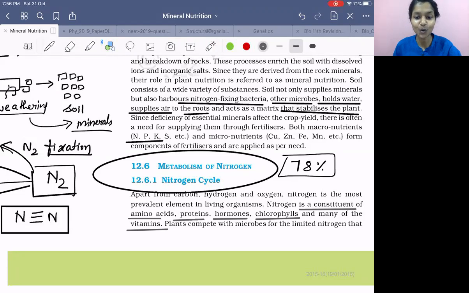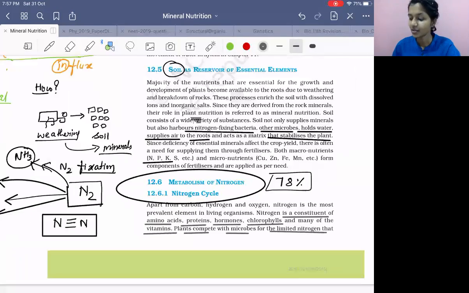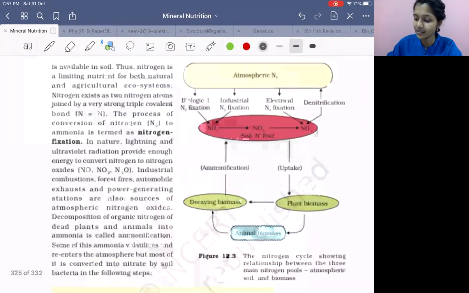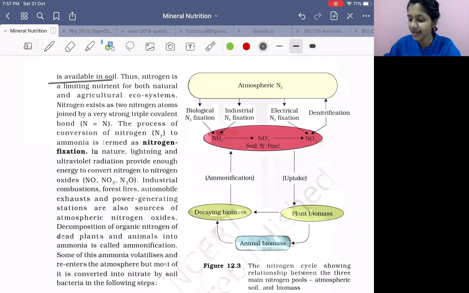So plants have to do what? They have to compete with the microbes, right? Microbes can also utilize nitrogen. If any living organism is dead in the soil, microbes will come to take the nitrogen. At the same time, plants also want the nitrogen. So plants have to compete with the microbes for the limited nitrogen that is available in the soil, right? Okay, nitrogen is a limiting nutrient for both natural and agricultural ecosystems.